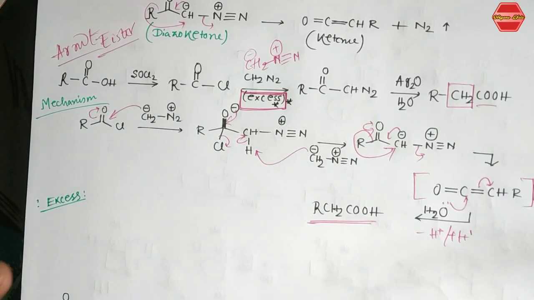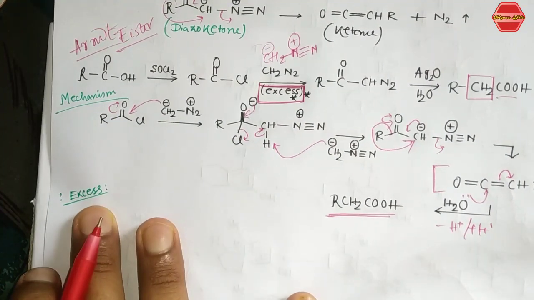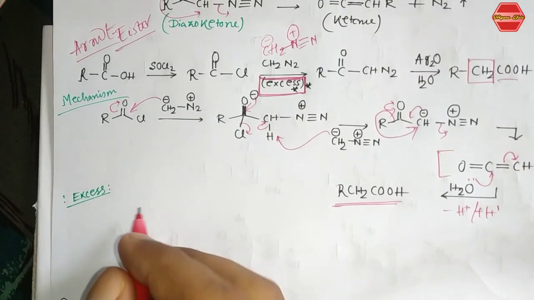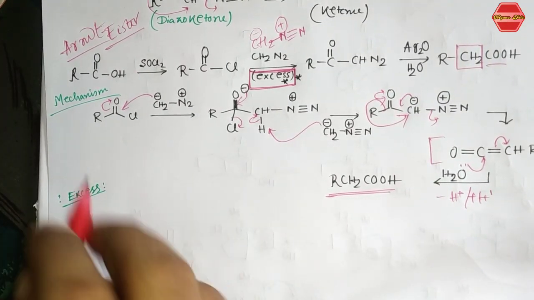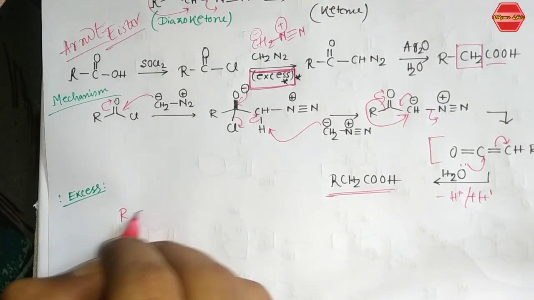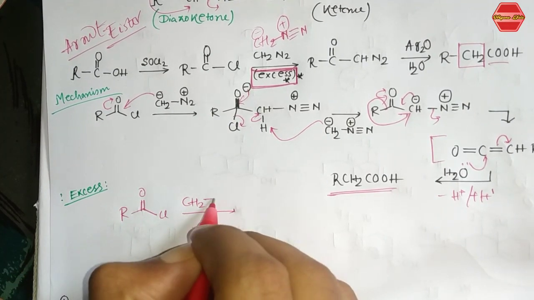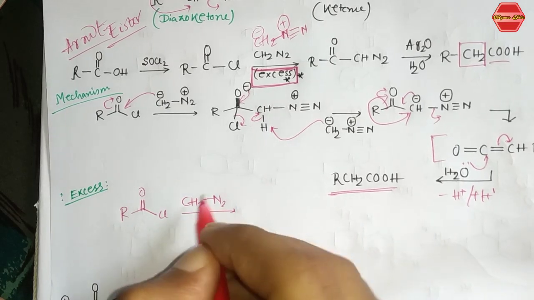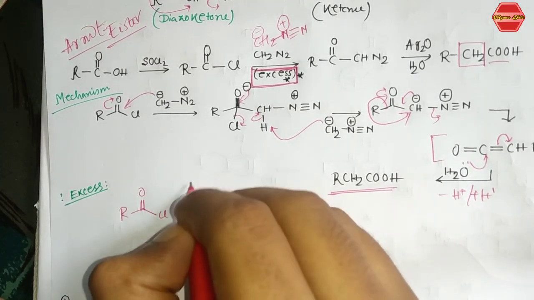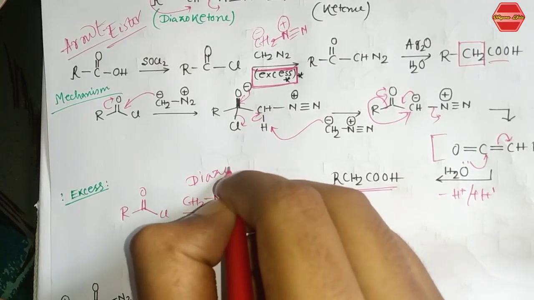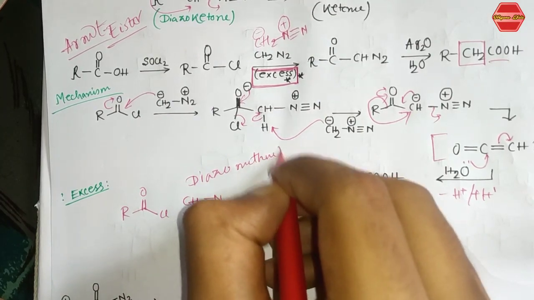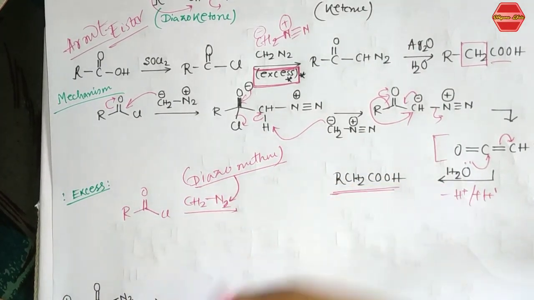Right, the next is the excess. Why is this excess needed for this reaction? If the excess is not used in this reaction, then what will be the product? Now here our substrate is this, and we are using this CH2N2. The name of this CH2N2 is diazomethane. So this CH2N2 is called diazomethane.